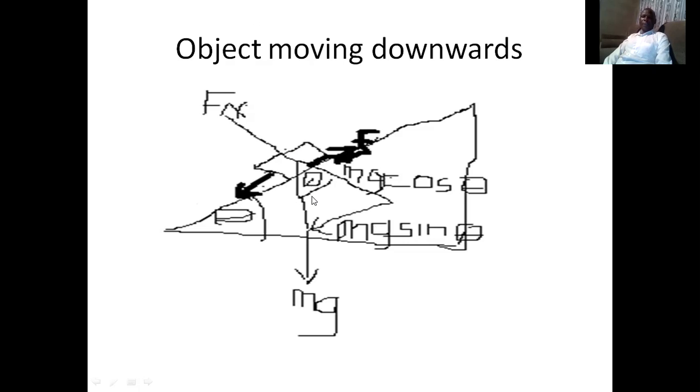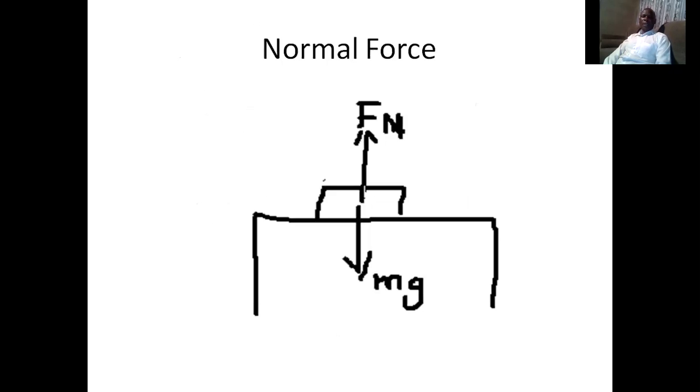Again, let us define the normal force. If an object is placed on a table and is not moving up or down, its weight would be equal to the normal force.